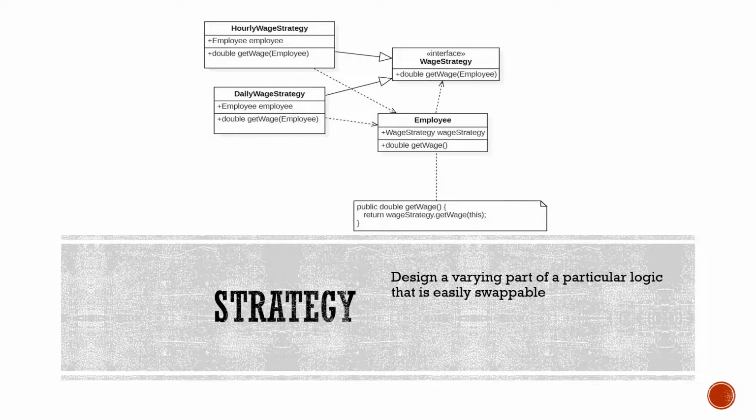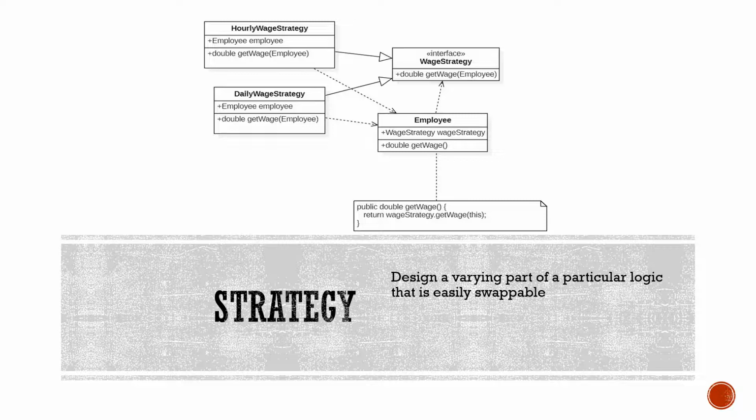The next pattern that we'll discuss is the strategy pattern. It designs the varying part of a particular logic so that it is easily swappable. Let's say that we have an employee class and it has a get wage function, but the implementation varies. Sometimes we want it to be an hourly wage strategy and sometimes we want it to be a daily wage strategy.